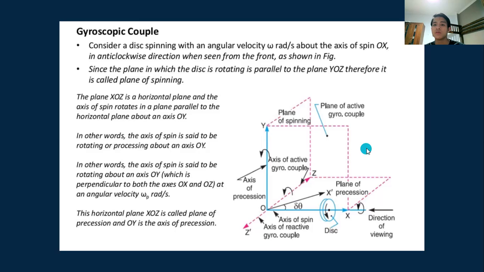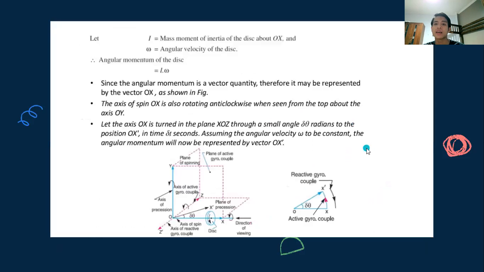I think we can go to the next. Here, since the angular momentum is a vector quantity, it may be represented by the vector OX as shown in the figure. Okay, I think we can go.